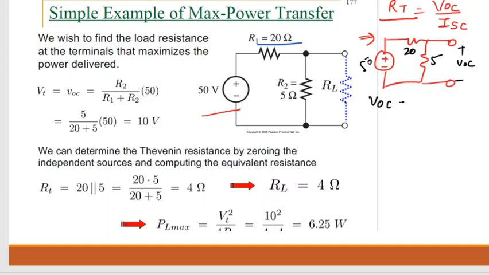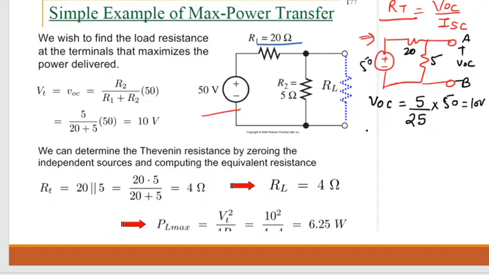Now tell me the value for VOC. Where the load resistance was connected, it was always VOC. Now tell me the formula for the voltage division rule then. 5/25 multiplied by 50. That would be 10 volt.